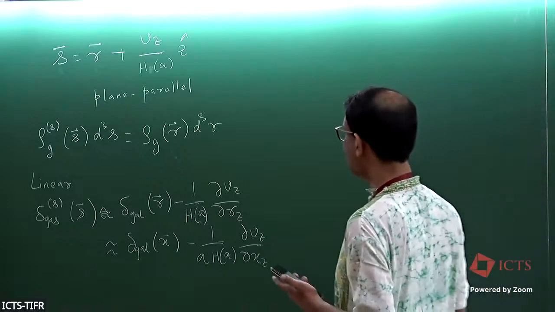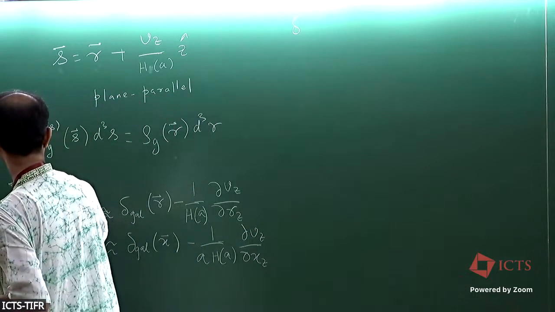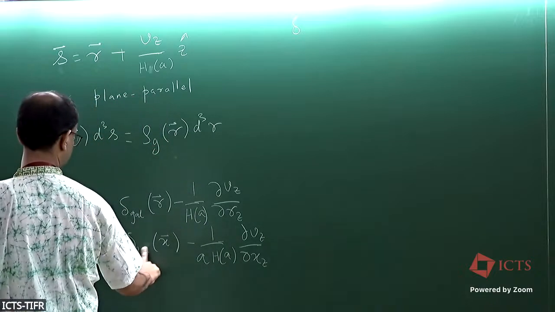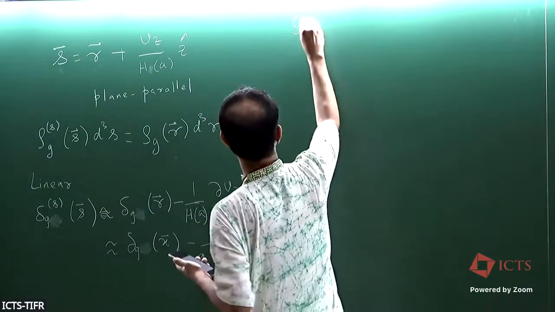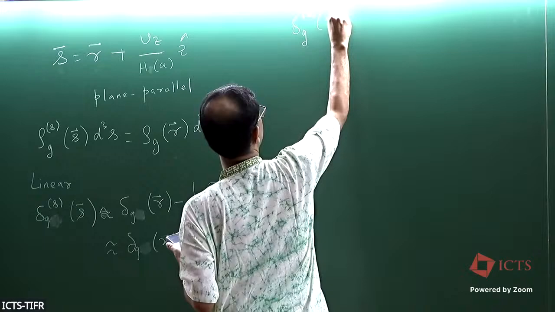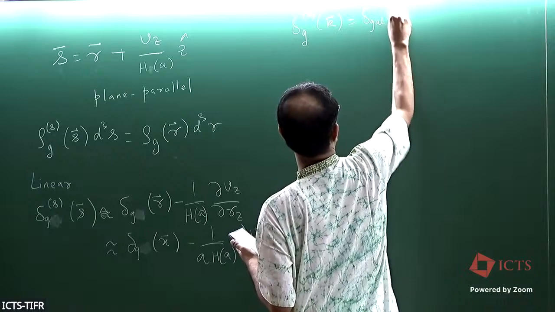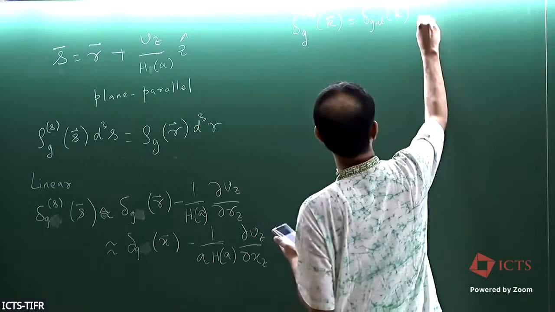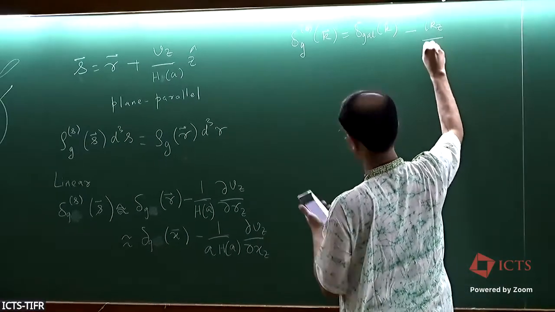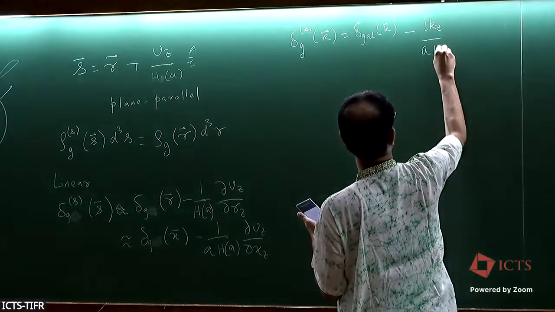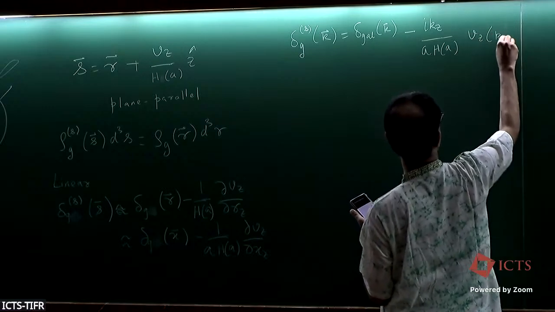It is easier to work in Fourier space as usual. So you go to Fourier space. I can just remove this to be consistent. In Fourier space, delta GS of k would be given by delta galaxy of k. So this derivative will be replaced by an appropriate factor. That will be i k aH times Vz of k.